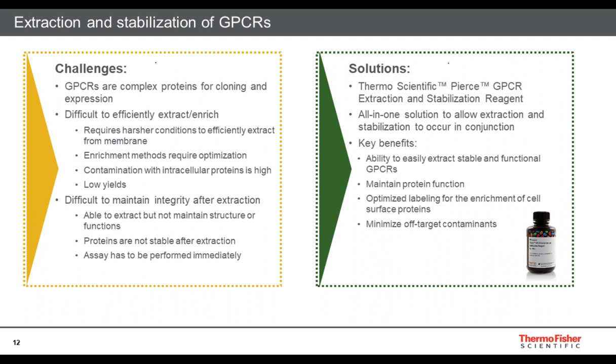The GPCRs are extracted using the GPCR extraction and stabilization reagent, followed by centrifugation. The resulting whole cell lysate contains solubilized and stabilized receptor proteins. The reagent has been tested for use with endogenous and overexpressed GPCRs, and receptor function has been verified by receptor ligand binding assays.